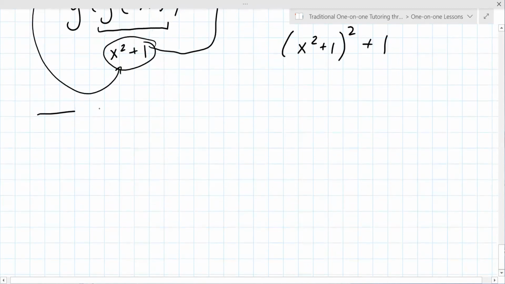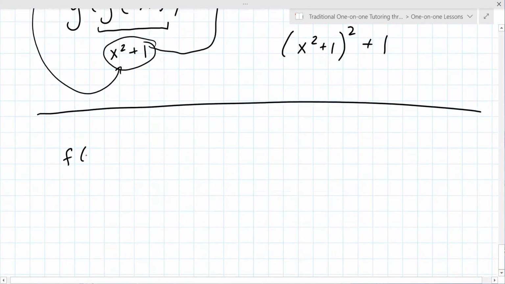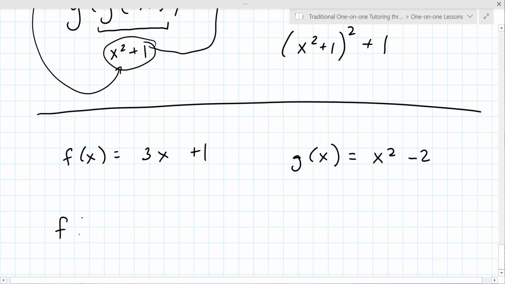Okay, so let's try something different here. Let's say f of x equals 3x plus 1 and g of x equals x squared minus 2. F of g of x. Which do you start with, the outside or the inside? The inside. The inside is x squared minus 2.